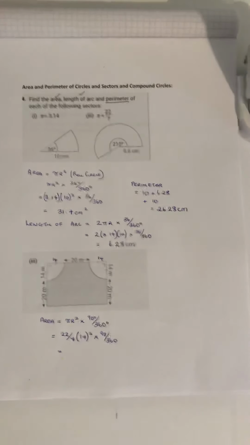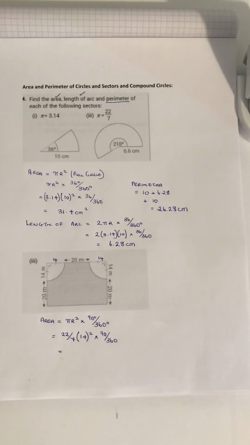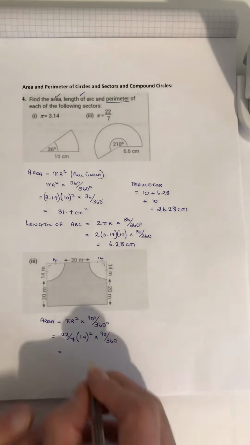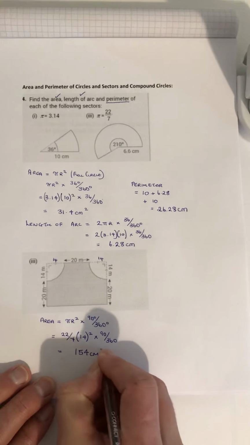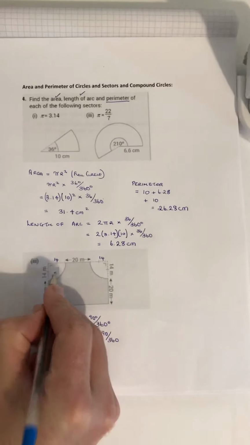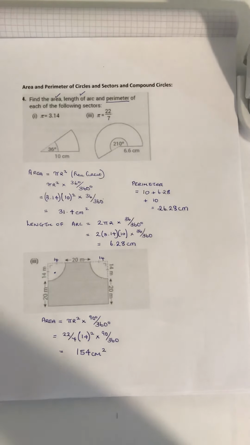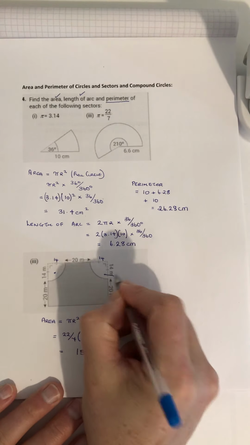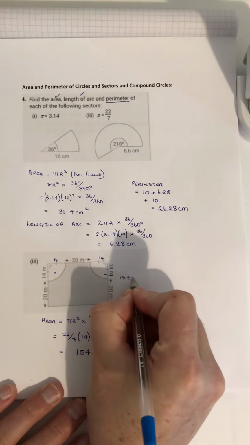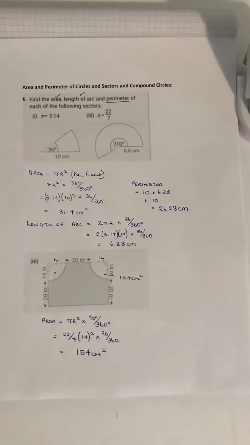Okay, so your calculators again, 22/7 multiplied by 14 squared and multiply that by a quarter, which gives you 154 centimeters squared. So this circle here, or quarter of a circle, is 154 centimeters squared. So this one will be 154 centimeters squared also. Okay?